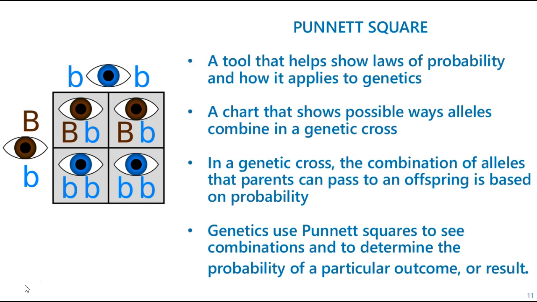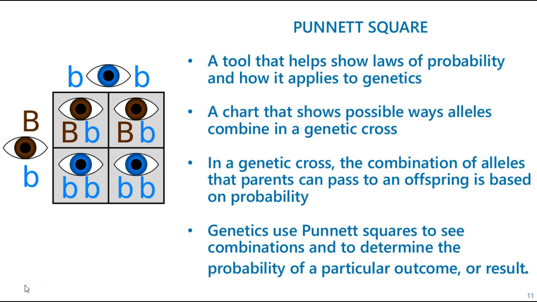It's a chart, as you can see here, of 4 squares that shows possible ways that alleles can combine in a genetic cross of 2 parents. In a genetic cross, the combination of alleles that the parents can pass to offspring is based on probability.